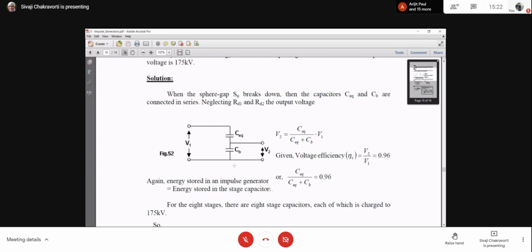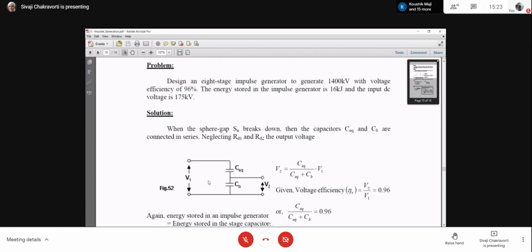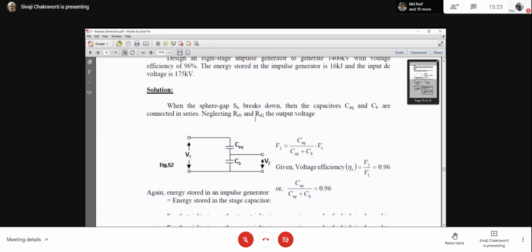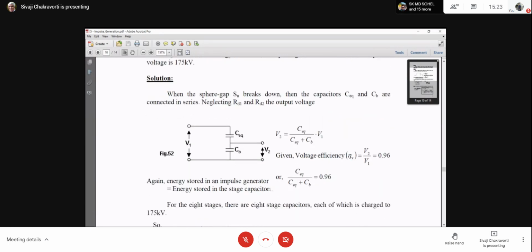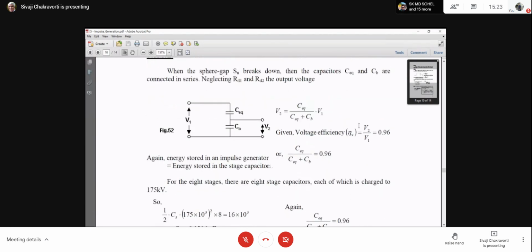This is like a potential divider, and so we write this equation. C equivalent is nothing but the equivalent of the stage capacitances. In this case, we have an 8-stage impulse generator, so the value of N, the number of stages, is 8. The efficiency is given as 96%, so we can write that this ratio is 0.96.